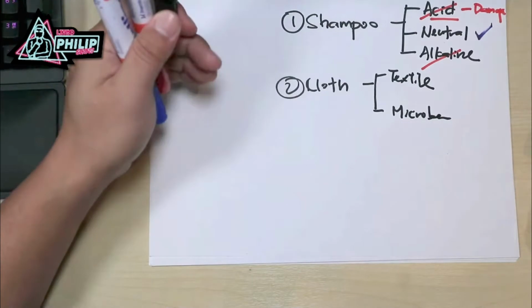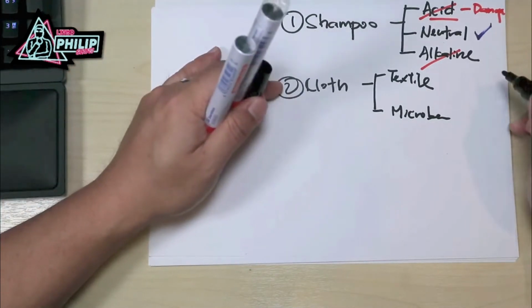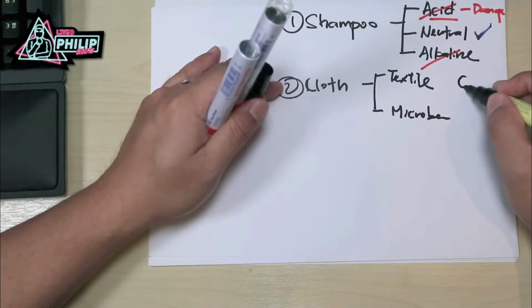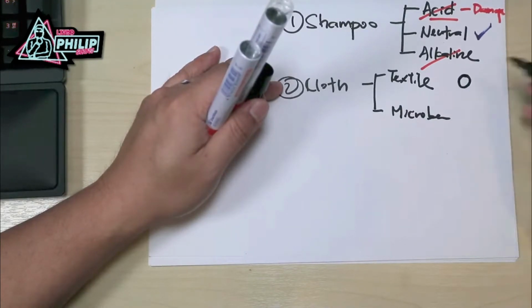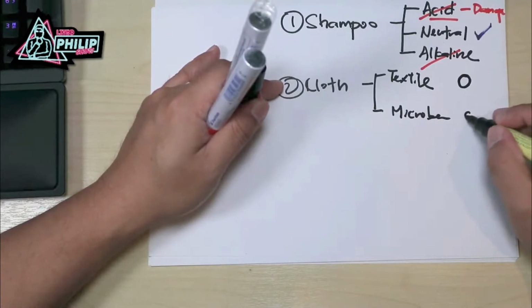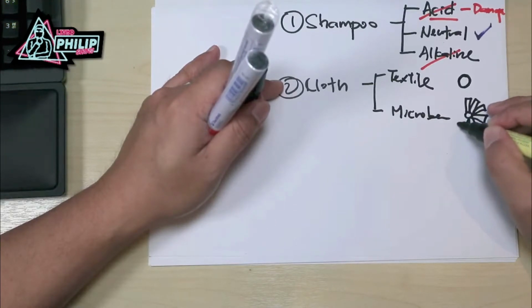What is the difference between these two cloths? Under a microscope, the textile's texture runs this way, but microfiber looks like a flower. So the more expensive the microfiber cloth, the more pattern you have.